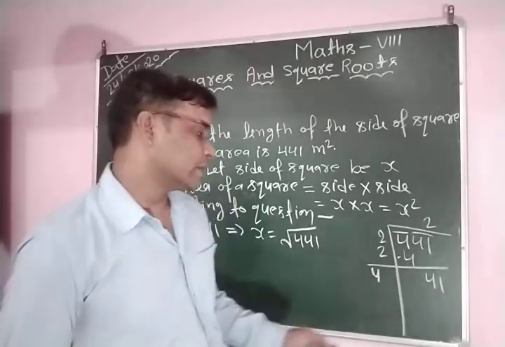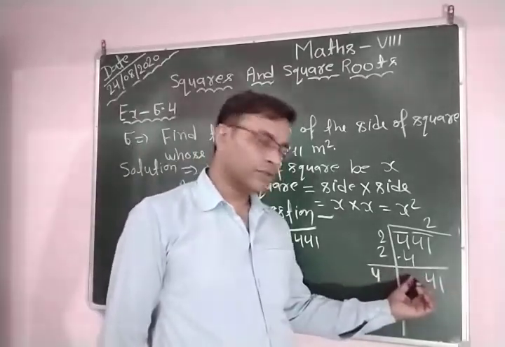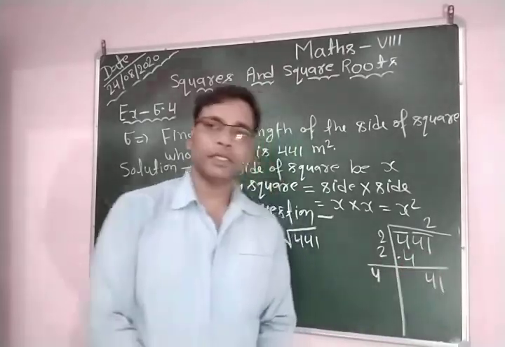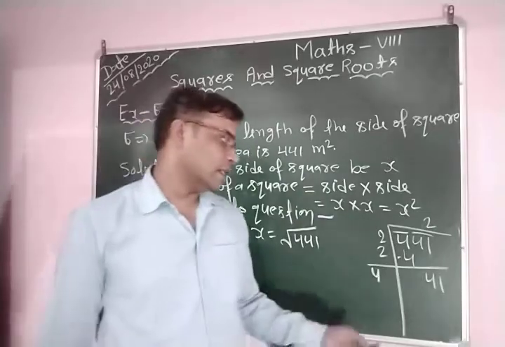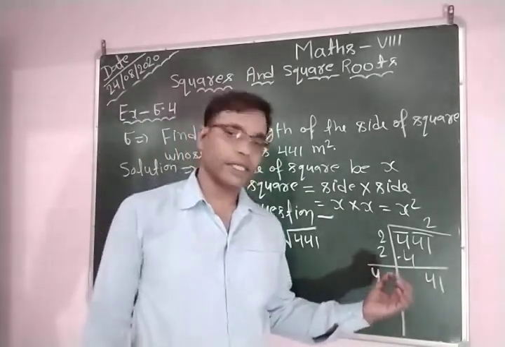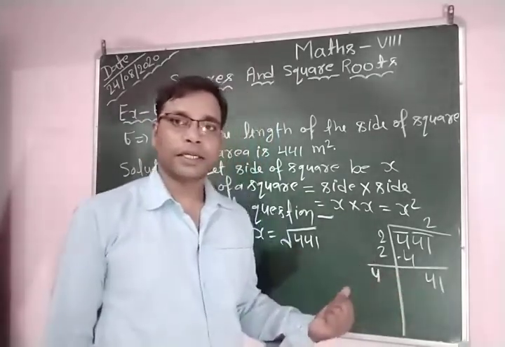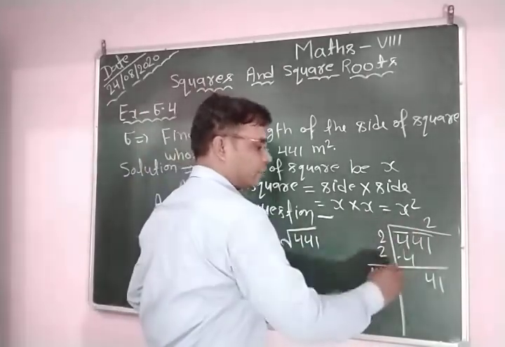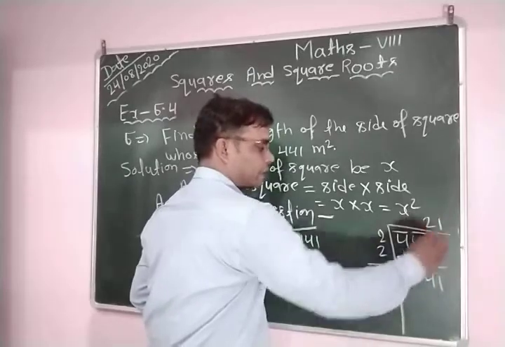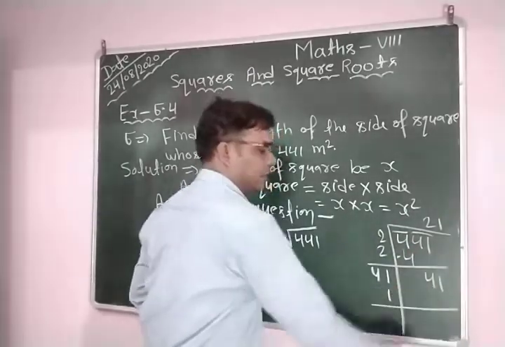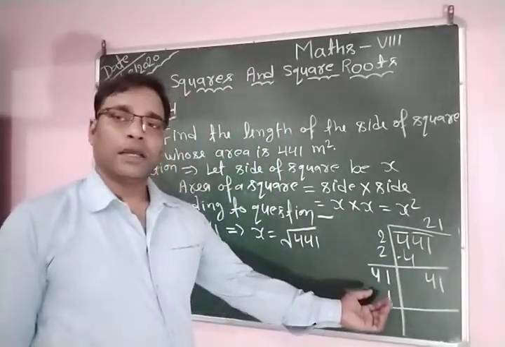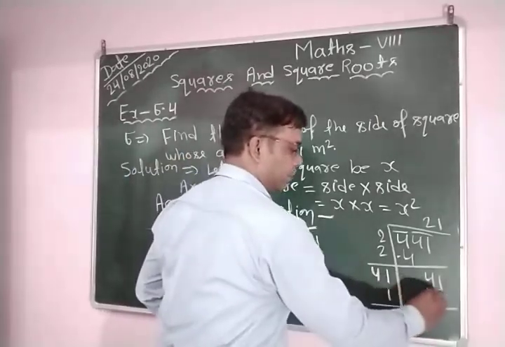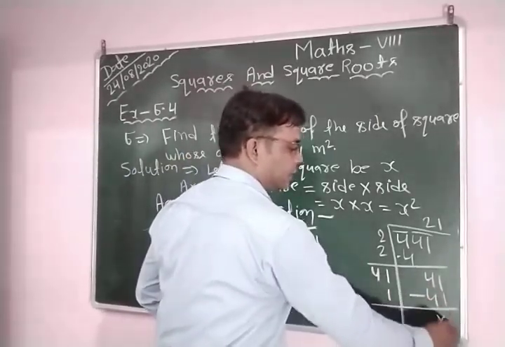Okay, so you can see here our remainder is 0. Then we bring down the next pair, the next pair is 41, and now we select a number to make the new divisor. If we write here 1, and also 1 here, and multiply them, we obtain 1 times 1 is 1, and 4 minus 1, 4 1 and subtract them, it is equal to 0.